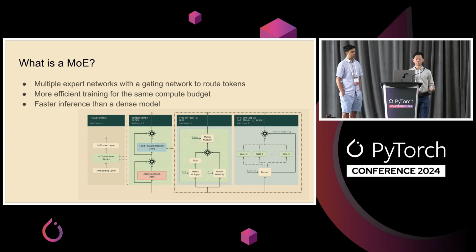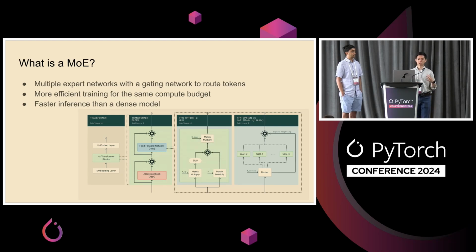Once you have an MoE trained, you're also able to get benefits when doing inference. You have faster inference compared to a dense model because, similarly to training, a token is only routed to a subset of experts. So you only need to do a small amount of computation for a given token.